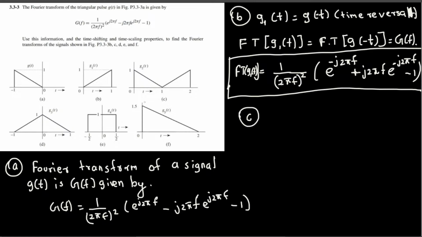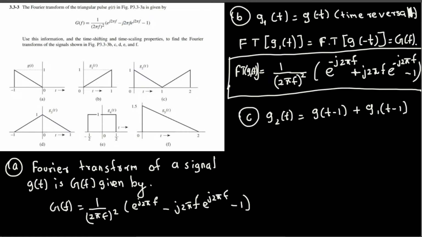To shift this one 1 unit to the right, what we do is put t minus 1. So g2 of t is basically g of t minus 1 plus g1 of t minus 1. If you do that, you can get this.